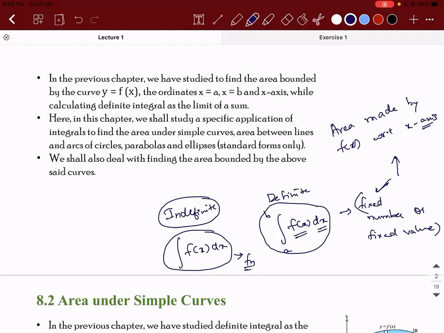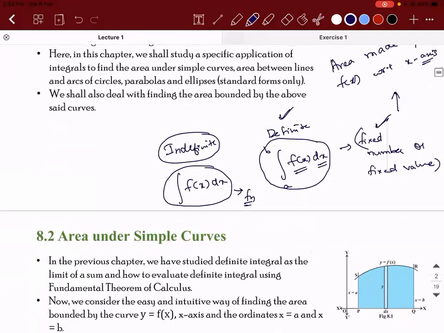That value is calculated using definite integrals, and it signifies the area made by that curve with respect to the independent axis. Is that clear? To put it in simple terms, the 7th chapter that you have learned is only the basics for you to solve their applications.